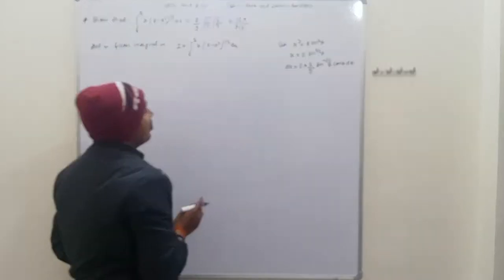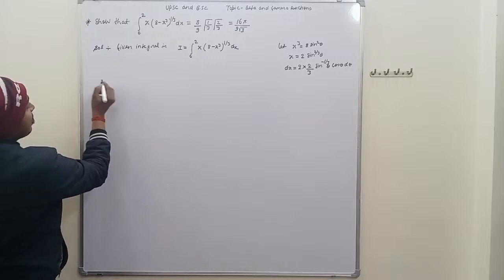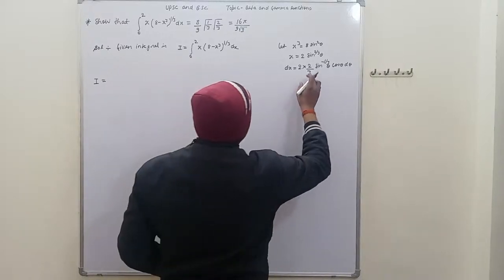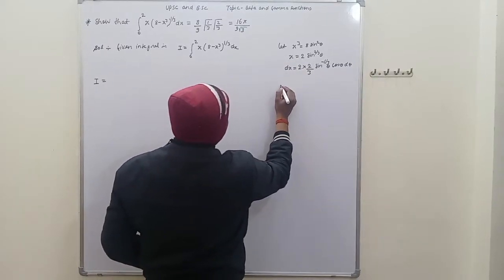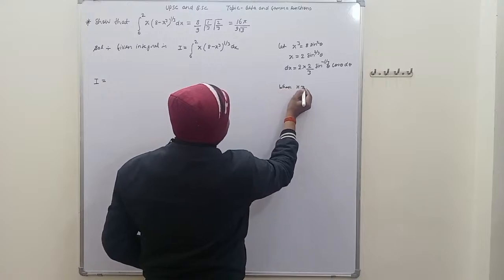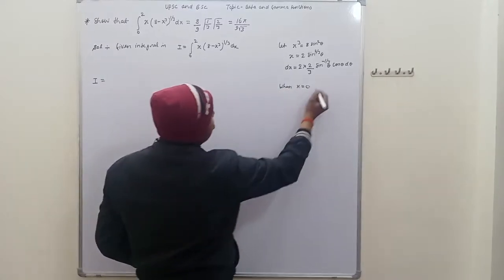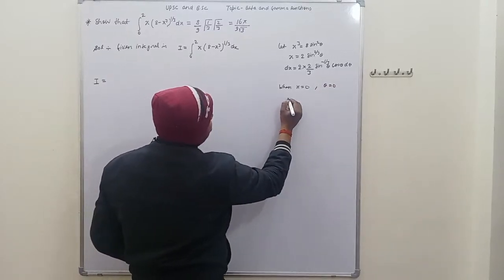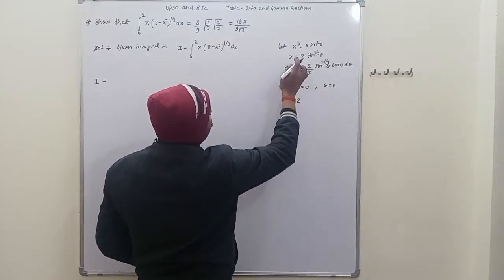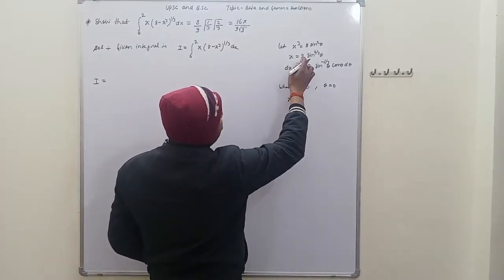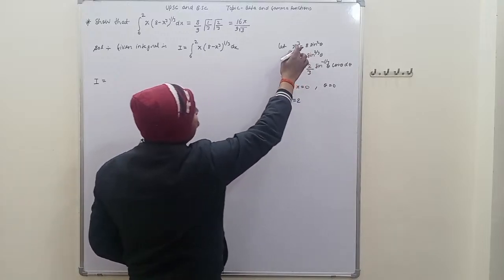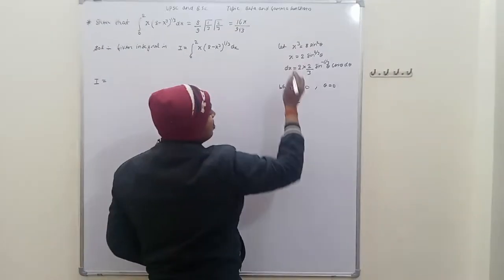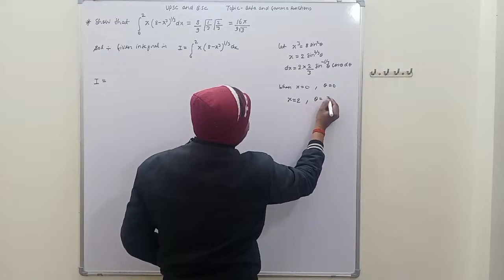We also have to change the limit. When x is equal to 0, then theta is equal to 0, and when x is equal to 2, then 2 cubed is 8, 8 and 8 cancel out, then theta is equal to pi by 2.